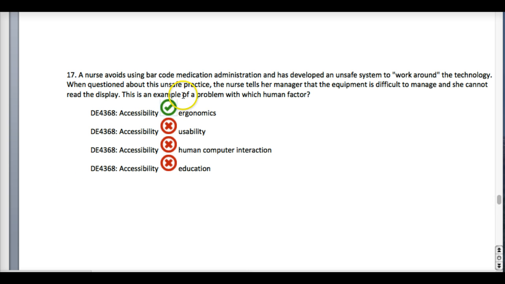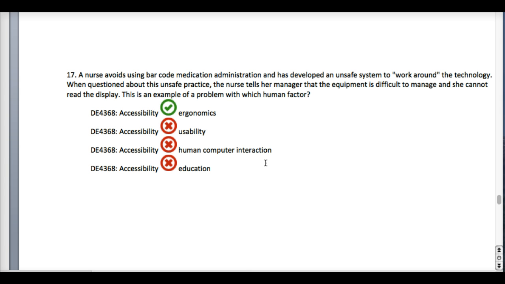This one, a nurse avoids using barcode administration, has developed an unsafe system to work around. Well, when I took this question, and I do take them without the answers, I chose usability. So between Dr. Post and myself, we had a number of students who challenged us on this, which I really appreciated. And we've decided that both ergonomics and usability are correct on this.